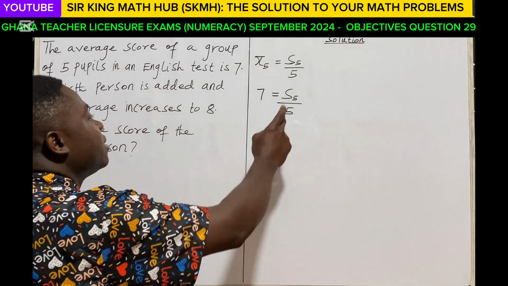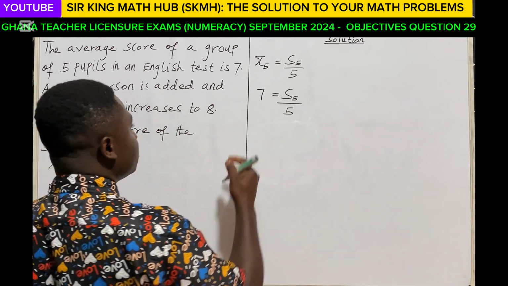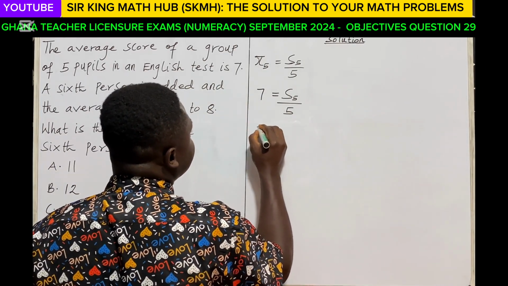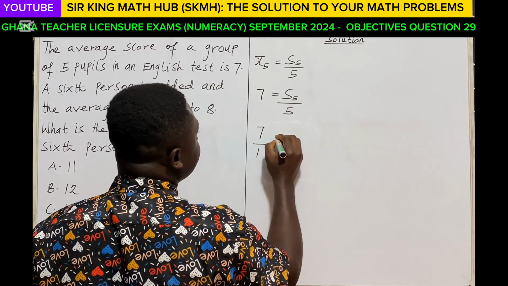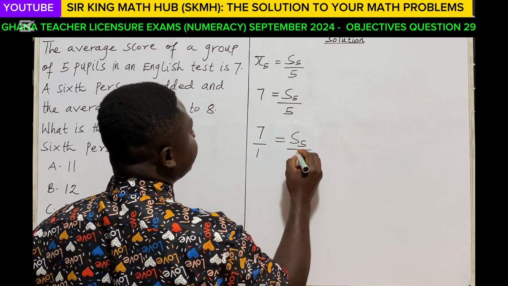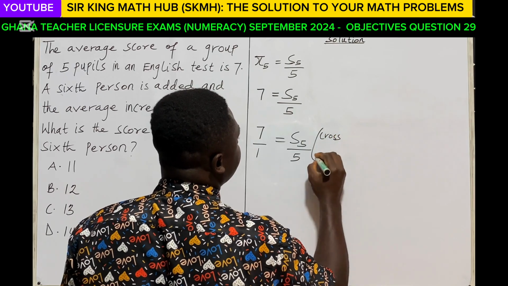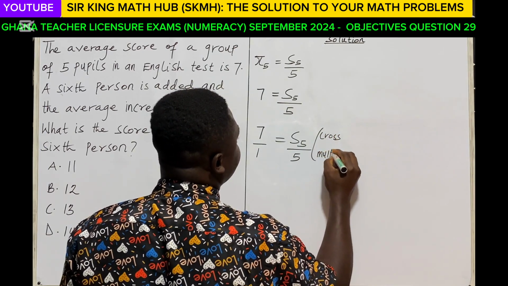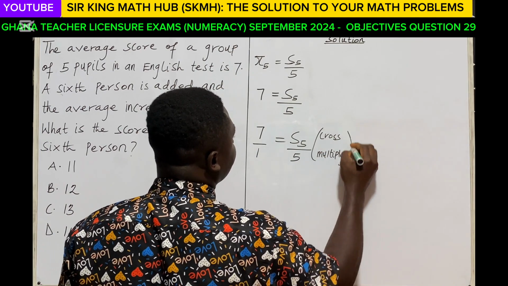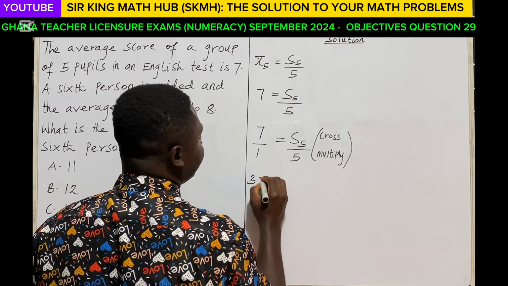So now let's make the sum of the scores of the 5 people the subject. So remember, this can also be written as 7 on 1 is equal to the sum of the scores of the 5 people divided by 5. So we can cross multiply. So 7 times 5, we have 35.